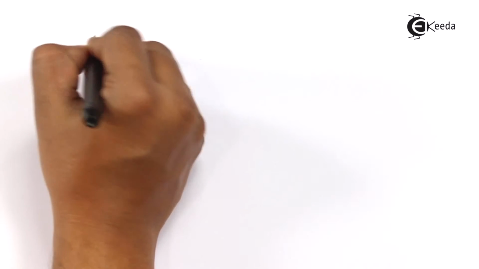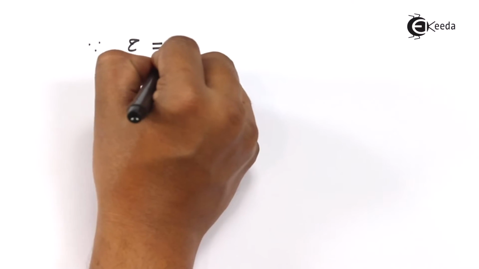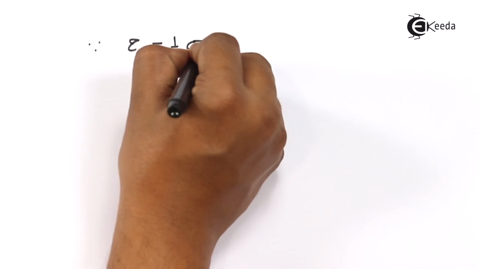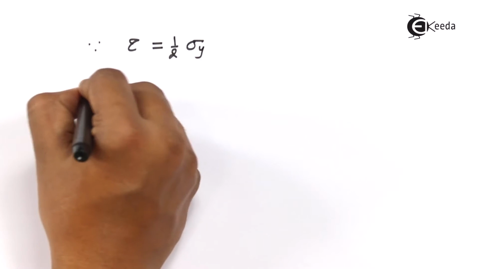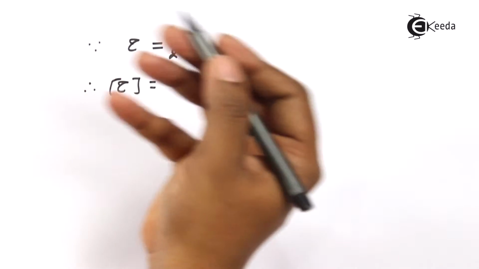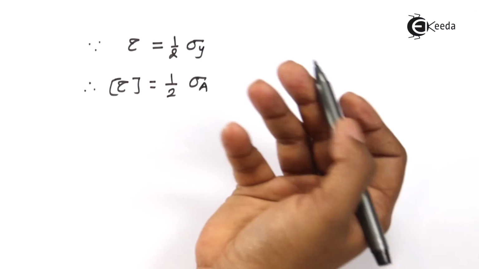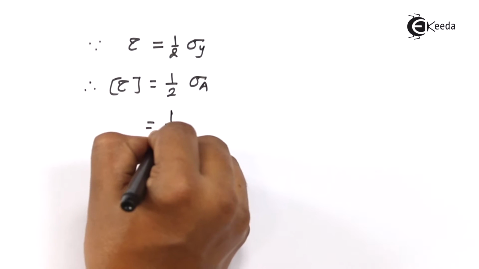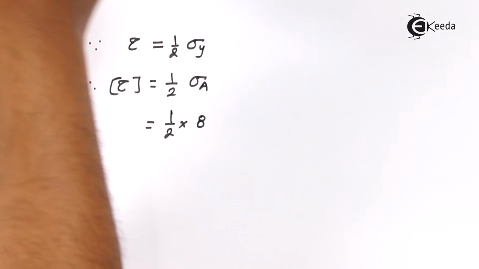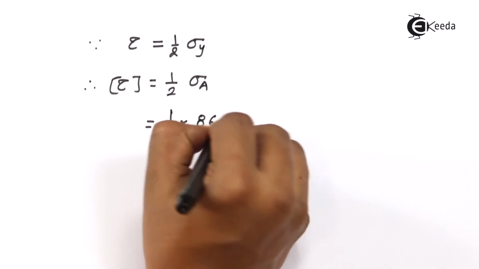Now we know that for ductile materials, shear stress is almost equal to half the value of the yield stress, and hence the allowable value, let's put it in brackets for convenience, will be half the allowable value of stress. So the allowable value in our case was somewhere around 86.4.